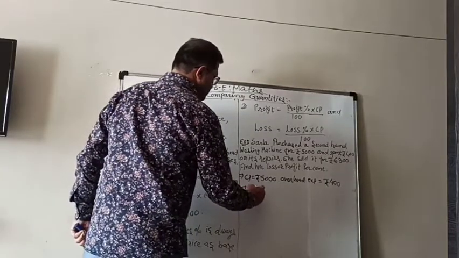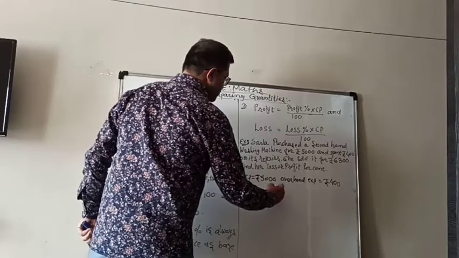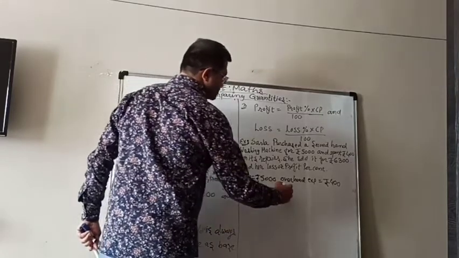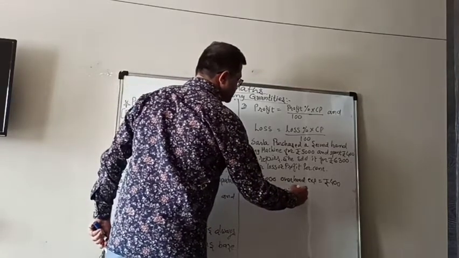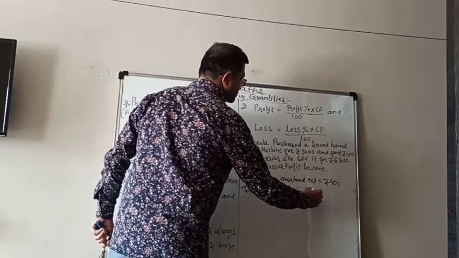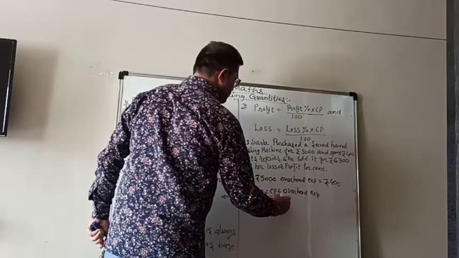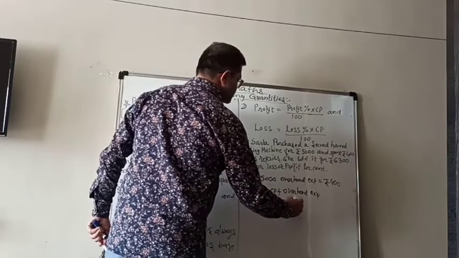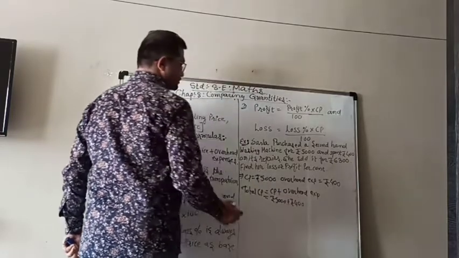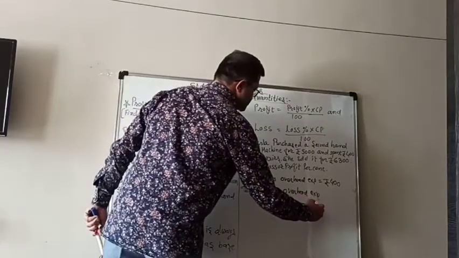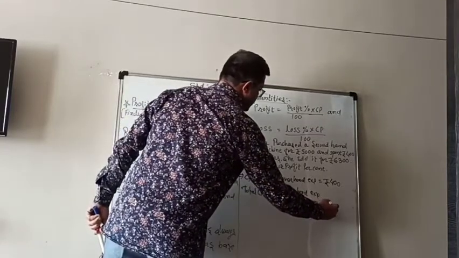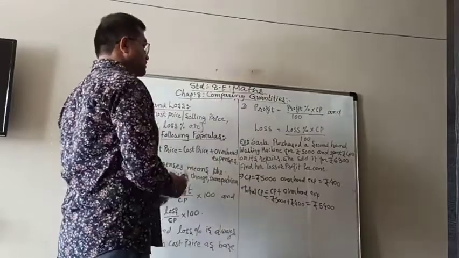So total CP is equal to CP plus overhead expenses. So it is equal to rupees 5,000 plus rupees 400, that is rupees 5,400.